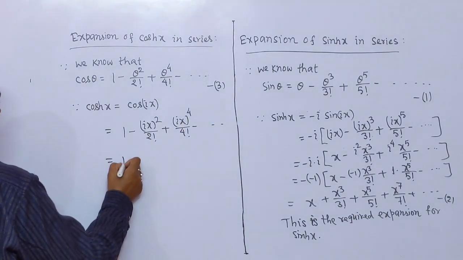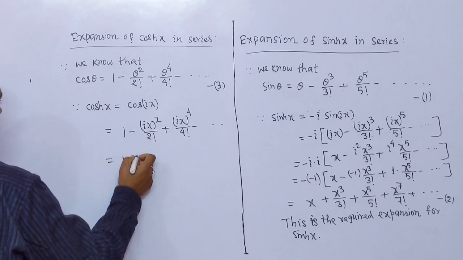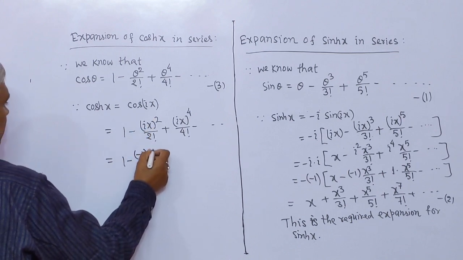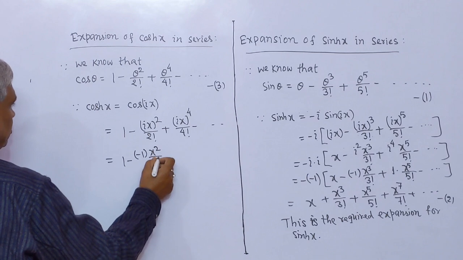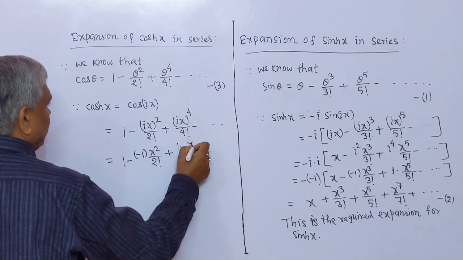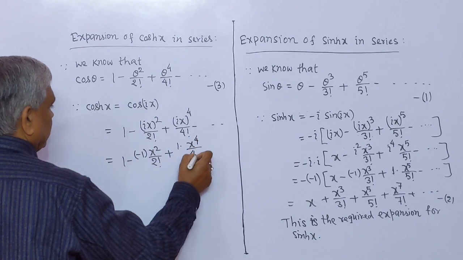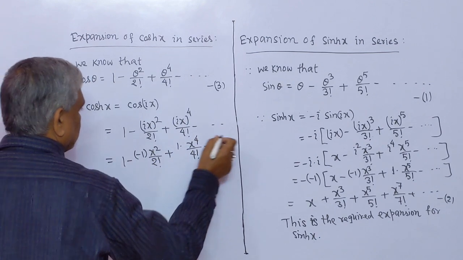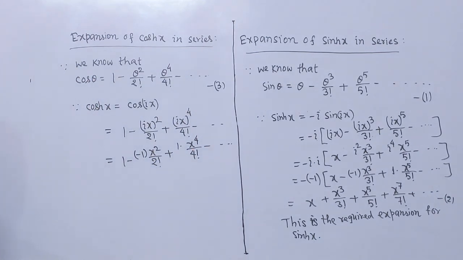This is equal to 1 minus i square, which means minus 1, x square by factorial 2, plus i to the power 4 is 1, multiplied by x to the power 4 by factorial 4, and minus and so on.